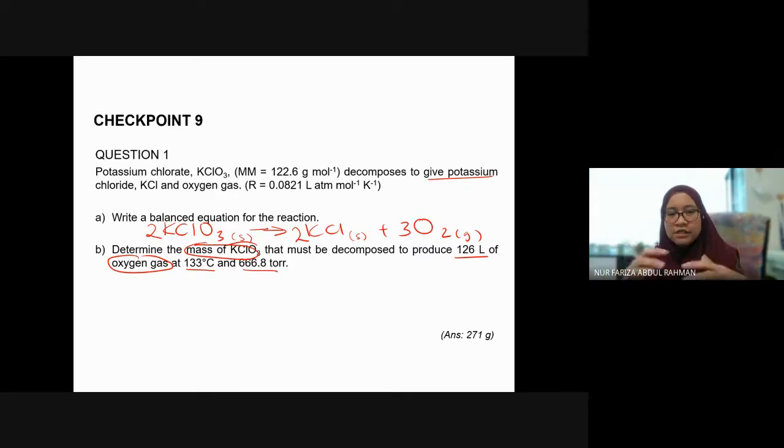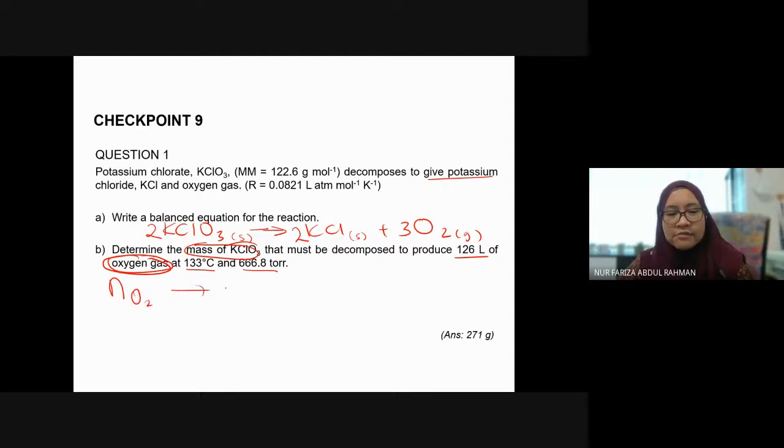The coefficient in the balance equation can also be represented as mole. So we need to have the mole of oxygen gas first. The information given will be used to calculate the mole of oxygen gas.